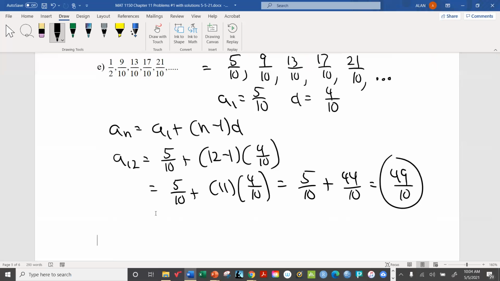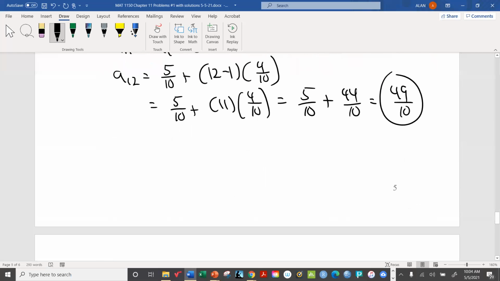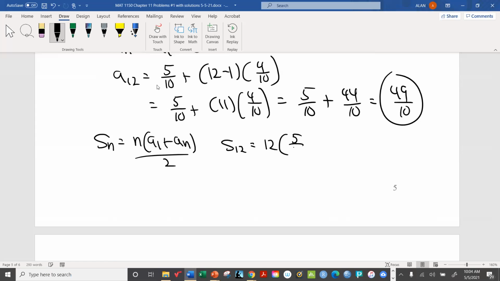And then now we can, of course, go ahead and calculate our sum. All right, let's see what that is. Whoops, let's get this up here a little better. There you go. All right. So the first term we converted into 5/10.